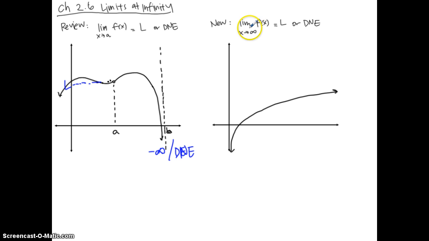Now take a look at the difference of what we're going to be learning today. We are now looking for the limit of f of x as we push x out to positive infinity, or minus infinity actually. Now that means we will have some sort of x value, and we are looking to see if this output value, if we increase x, push this all the way out to the right, up to positive infinity, will this output reach a maximum value, or will it continually increase?